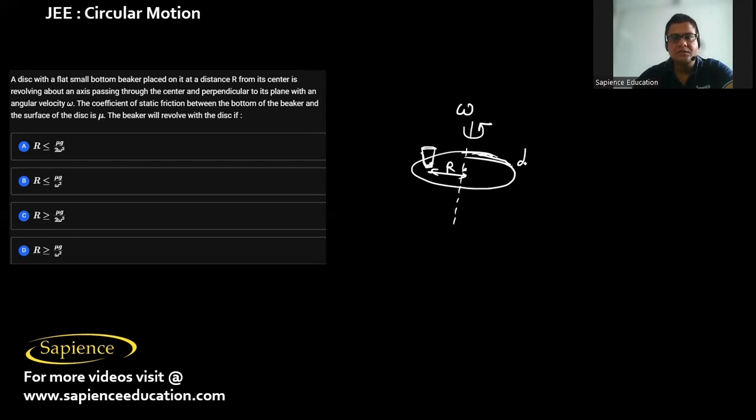So this is the disk which is rotating with an angular velocity omega, and this is the small bottom beaker.